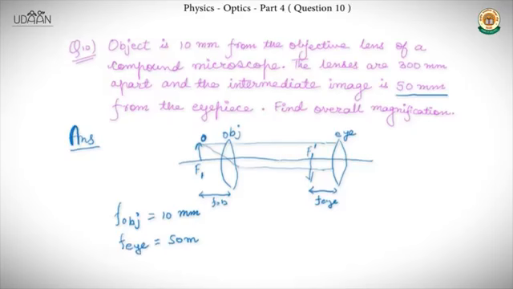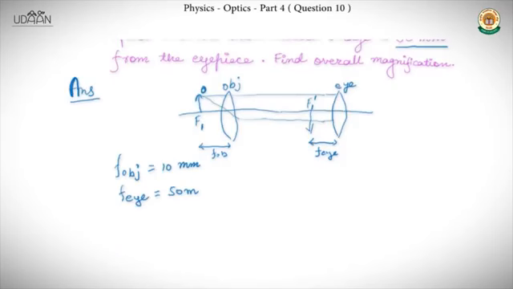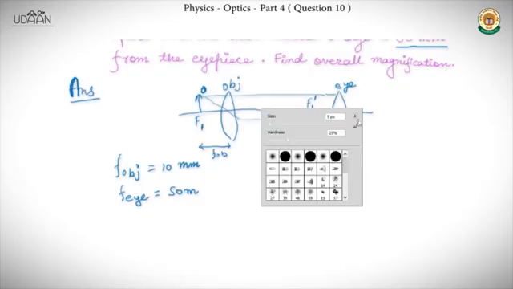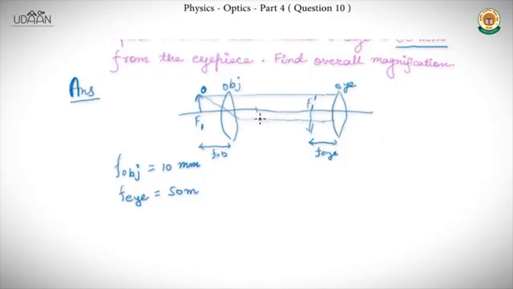Now we know that F1, F2 is the other focal point of the objective lens, and this is f of objective, and this is s, which is used in the overall magnification of the lens.